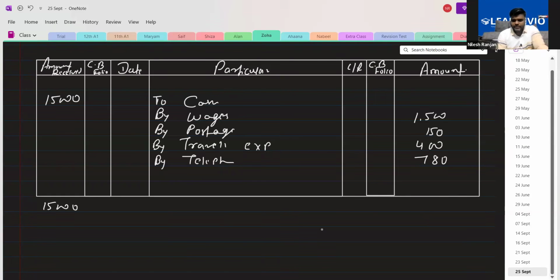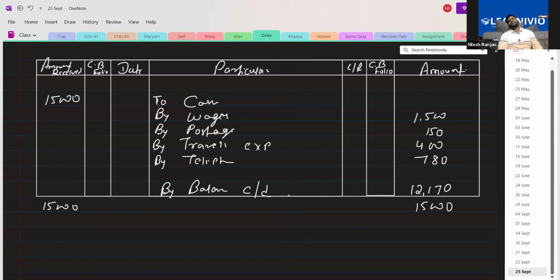It is 15,000. 15,000 minus all these, so 12,170. It is by balance CD.